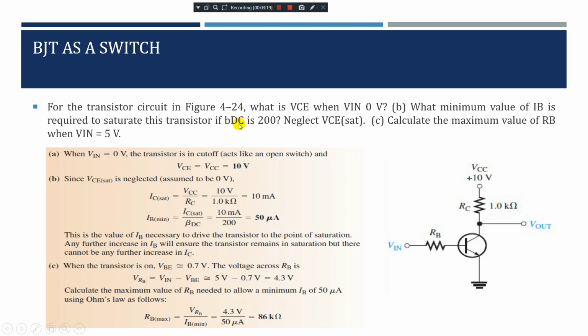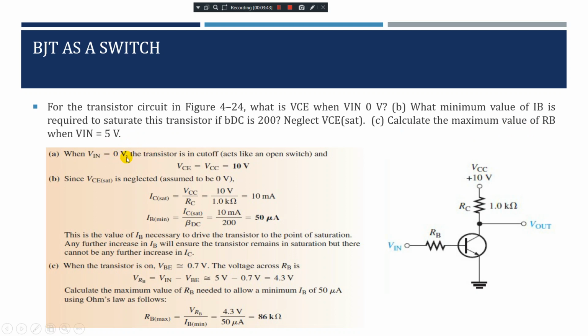Beta DC is given as 200. Here we are neglecting VCE, the collector to emitter voltage, for saturation of the transistor. Then we calculate the maximum value of RB when the input voltage is 5 volts. So let us solve this.